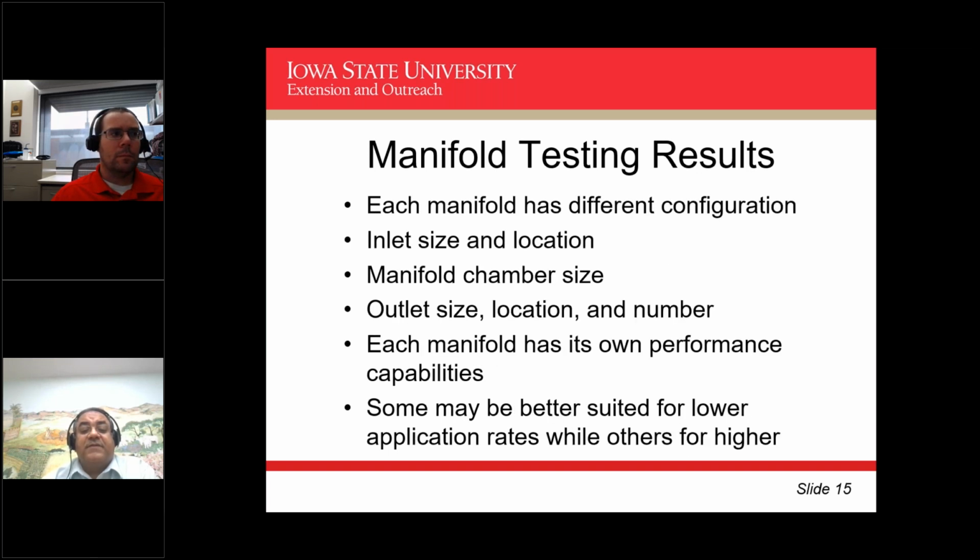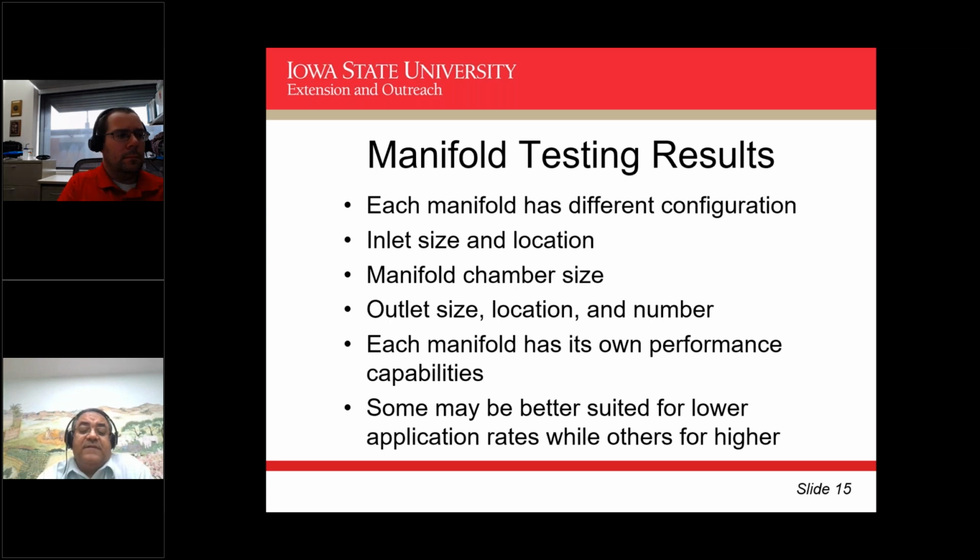And we also tested each different manifold that we could come across, especially if it had a different configuration. Also, if it had a different inlet size and location, also based on what the chamber size was, and outlet size, location, and number also differed.